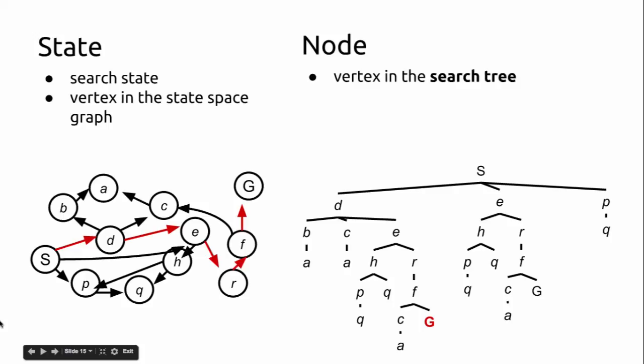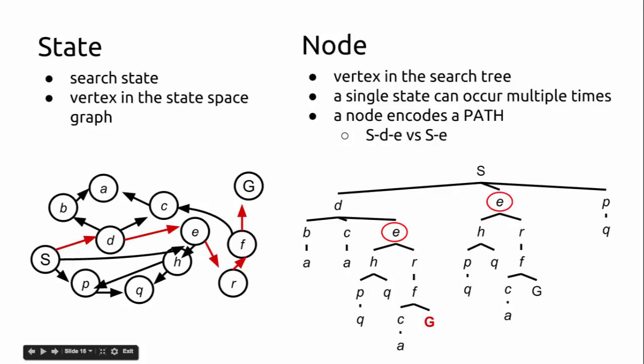Now, another thing that you'll notice is that in this search tree, you have multiple copies of a single state, right? So for this example, you have 2 copies of E. So why is that? And what's the difference there? Let's just look at this leftmost E first. Here, this E is represented by the path from S to D to E, okay?